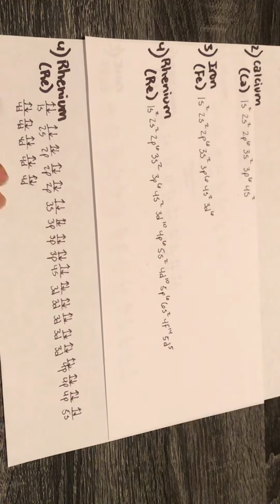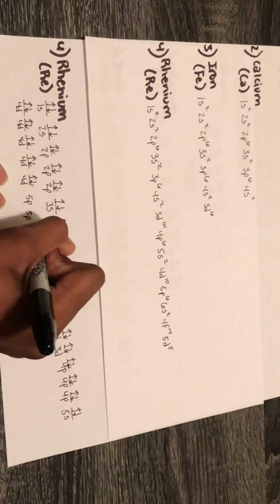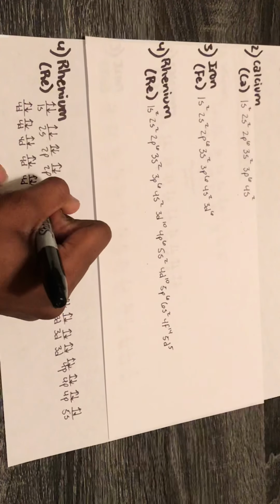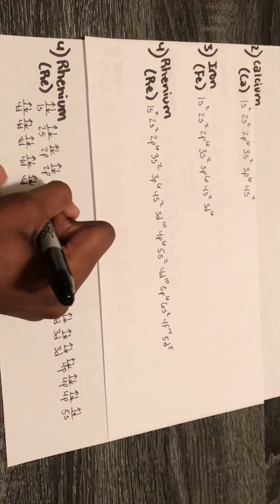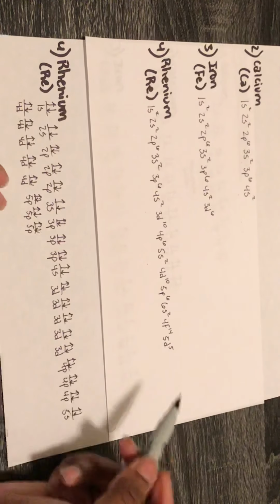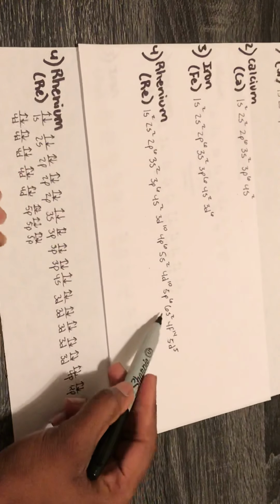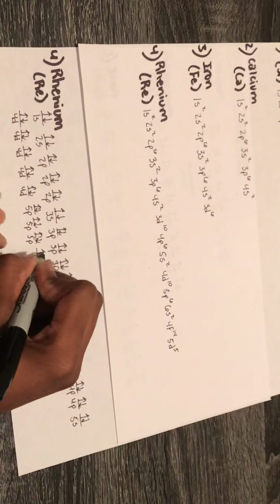Then you have 5p again. Does not matter what number is attached to it. Up spin, up spin, up spin, down spin, down spin, down spin. Then you have 6s. Up spin, down spin.